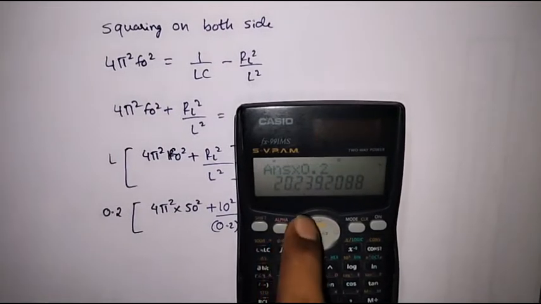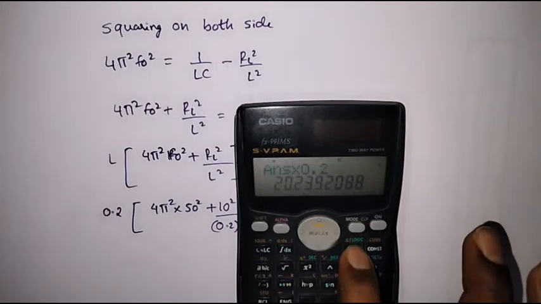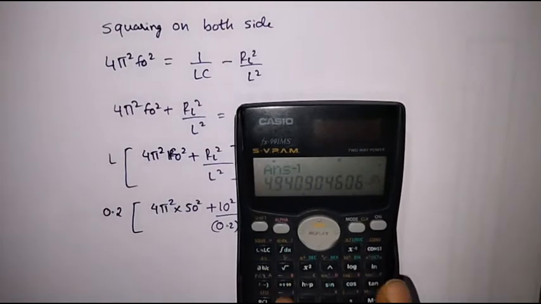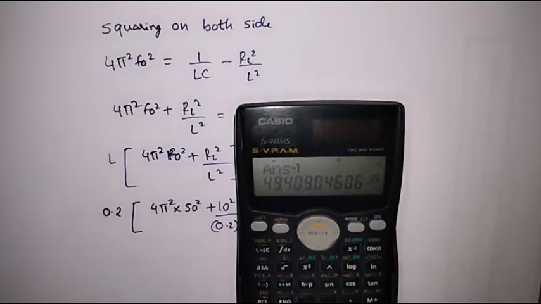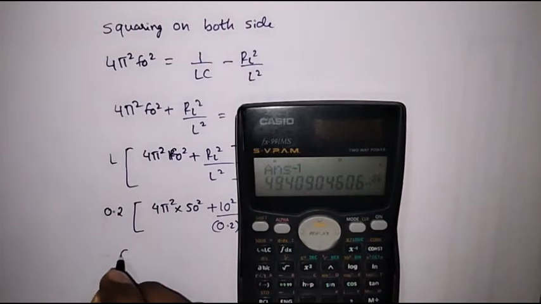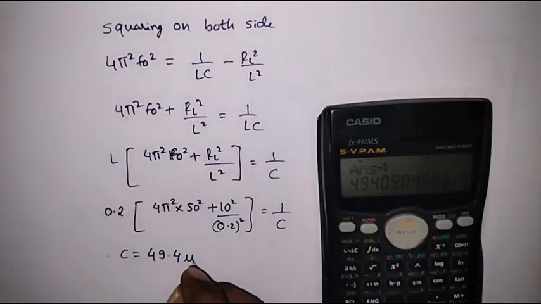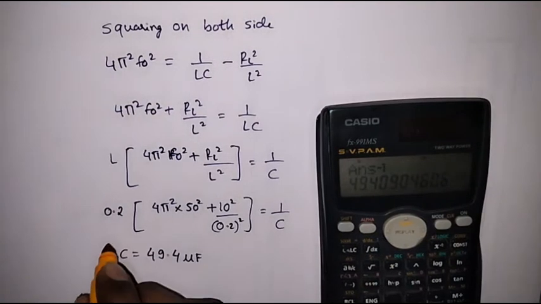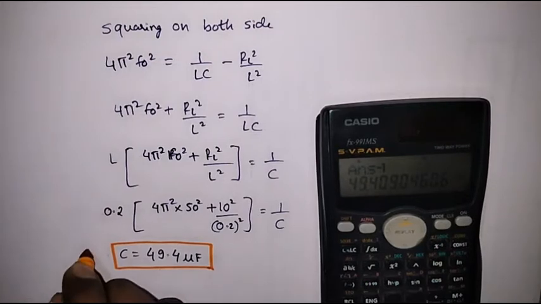If we take the inverse of this value, it gives C, because on the other side we have this value equal to 1 upon C. Therefore C is equal to 49.4 microfarad, which is required. So this is the answer for the first sub question.